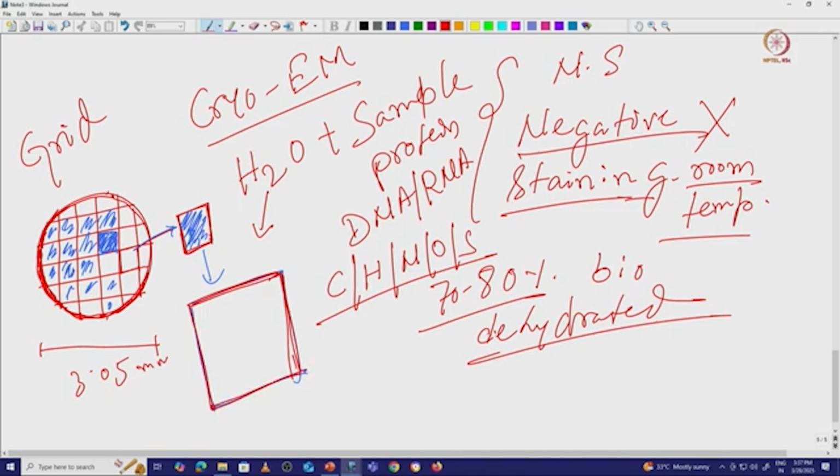Here we have the carbon, all over, and this is the amorphous carbon, it will spread all over. Now inside that, there is a uniform-sized hole, and that will be the empty region. So it will be something like that.